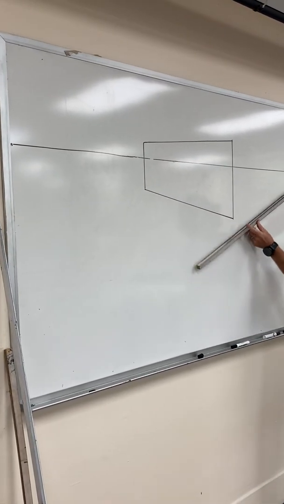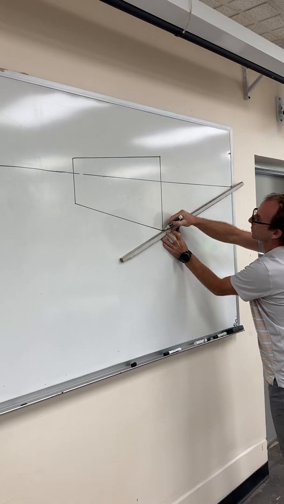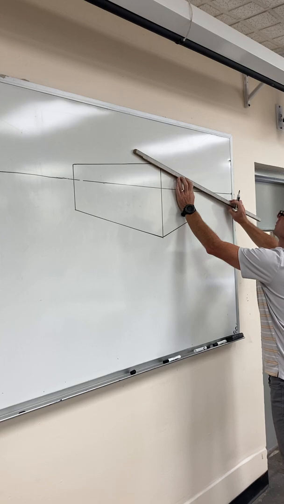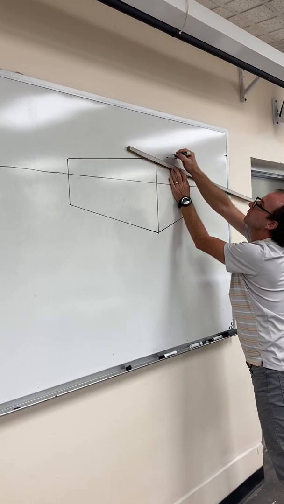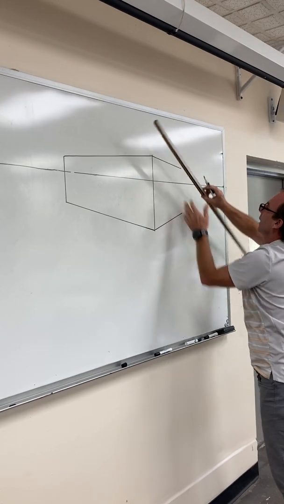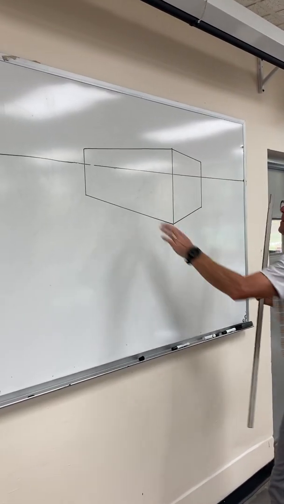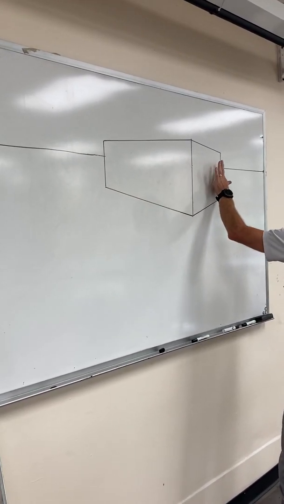So that's going to be the longer front of our house, and this is going to be our shorter side of the house. Okay, then we're going to come down this way, like so. I'm going to go ahead and erase the horizon line so that the house looks more opaque.